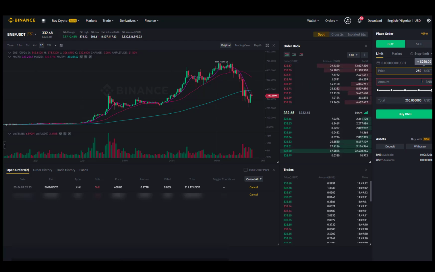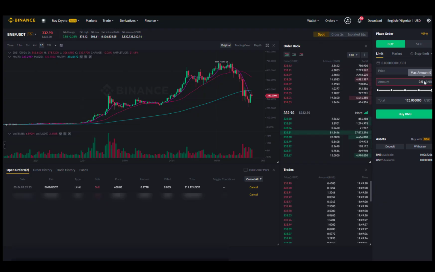You don't have to buy one whole BNB. If you're a beginner and you don't have a full portfolio, you can buy 0.1 BNB, that is $25, or 0.5 BNB, that is $125.